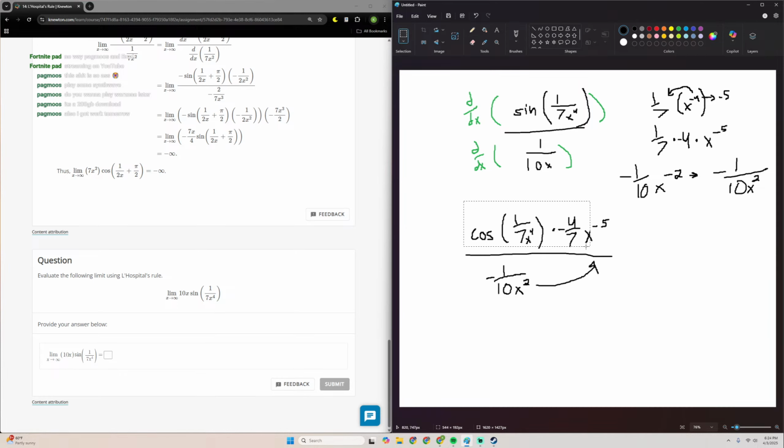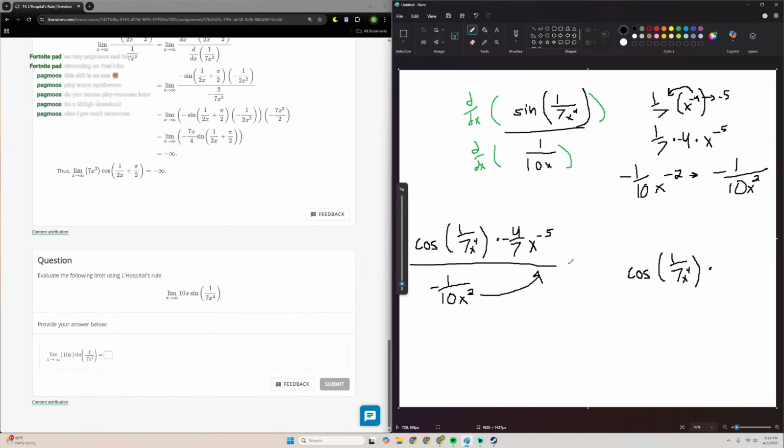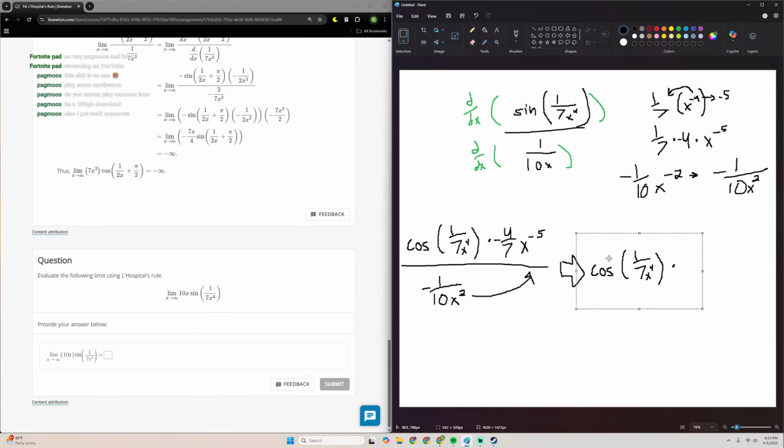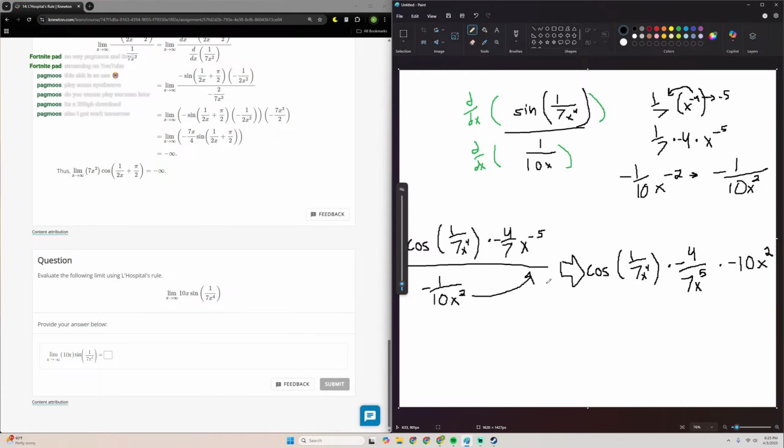Let's make this a little bit simpler. This doesn't make sense either. 1 divided by 1,000,000, that's just 0.